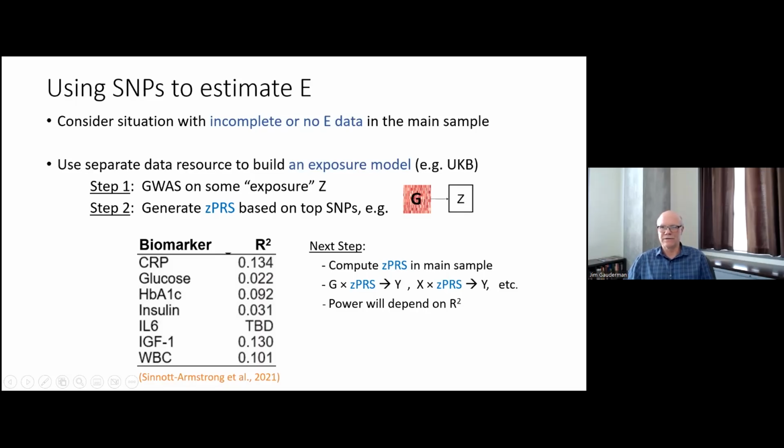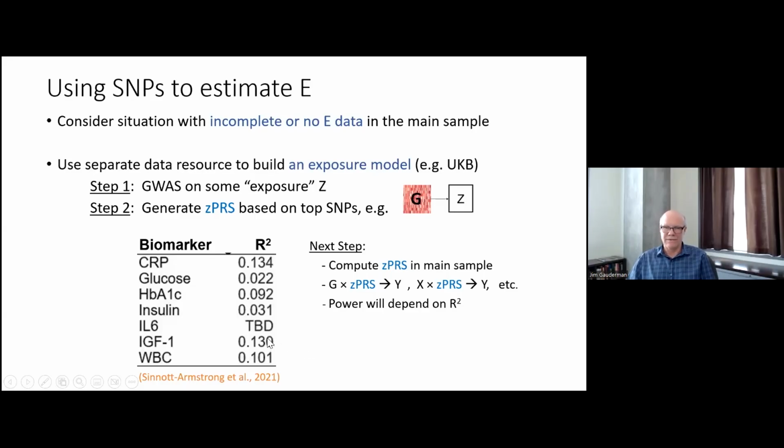Models have been built using UK Biobank, and we can think then about applying those models back into our sample to generate predicted biomarker values for everybody in our data set. So for example, we're doing some analysis of IGF-1 right now using a prediction model that came out of this paper referenced down here, and then trying to take that forward and look at whether we see interactions between SNPs and expression with that kind of predicted IGF going forward.